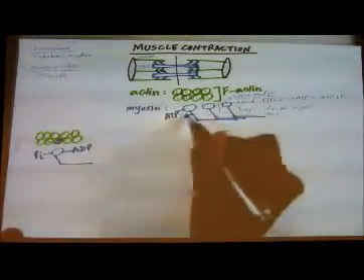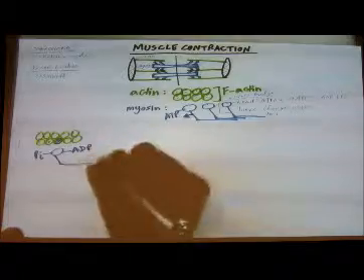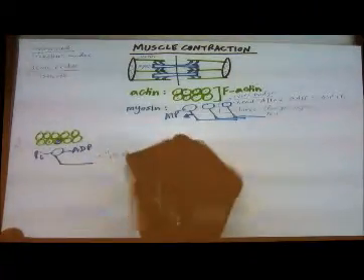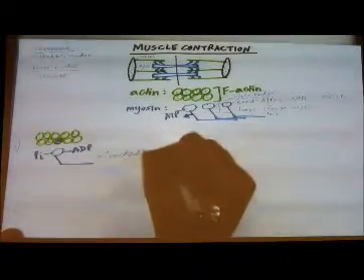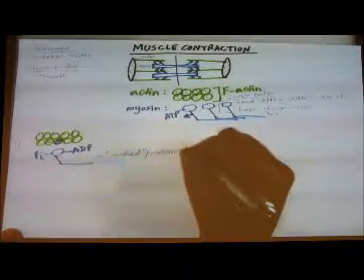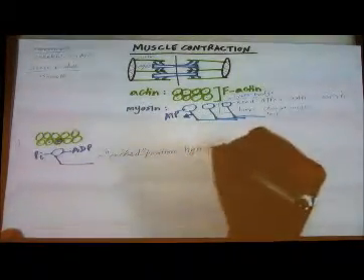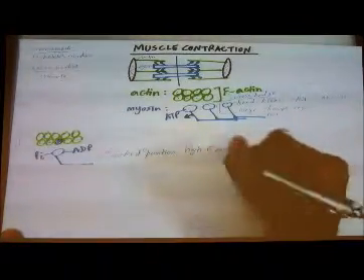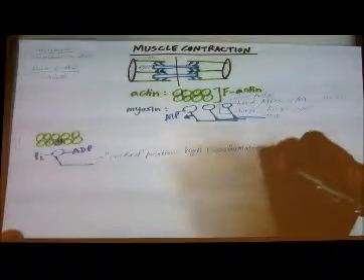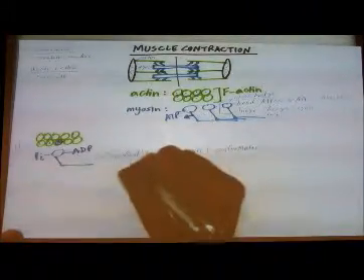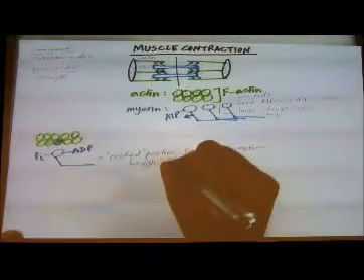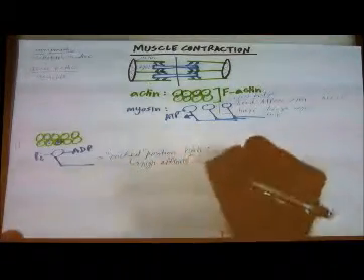So when this angle change occurs, this conformation is actually kind of like a cocked position, is what it's called. And that's a high energy conformation because when ATP is hydrolyzed, it's a high energy conformation. And when it's in this position, the myosin head has a high affinity to the actin binding sites.